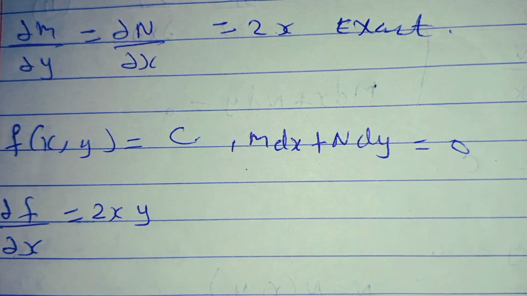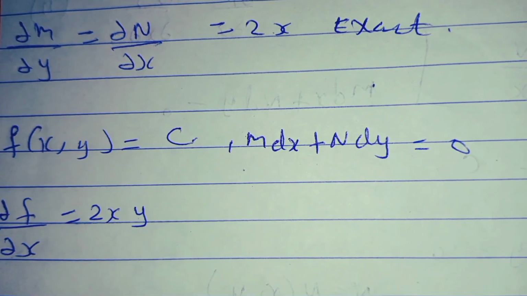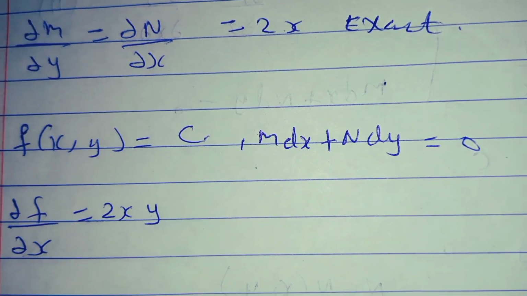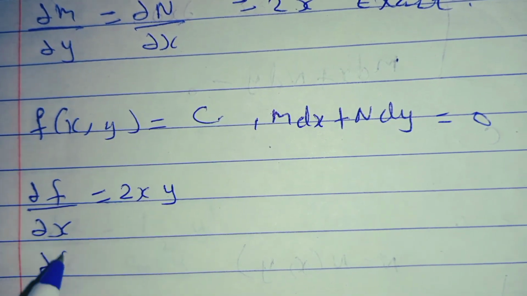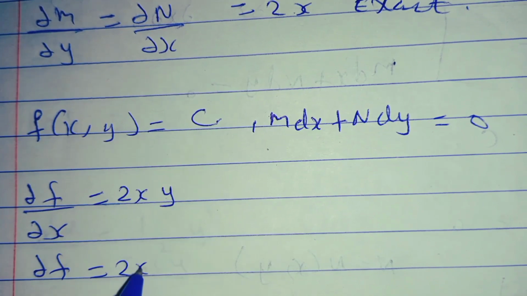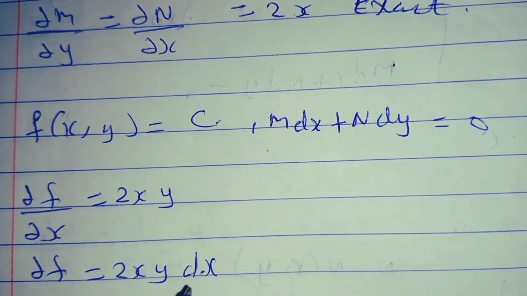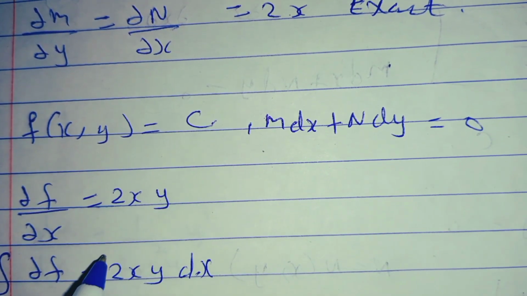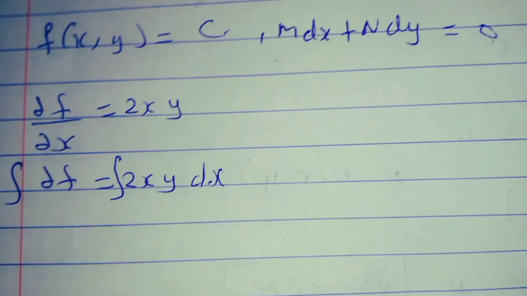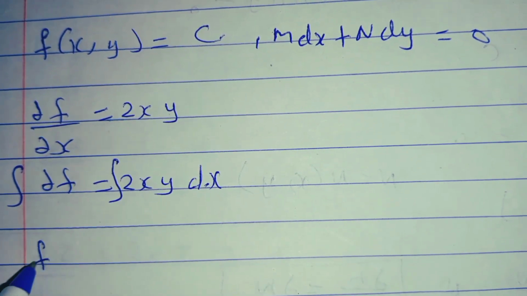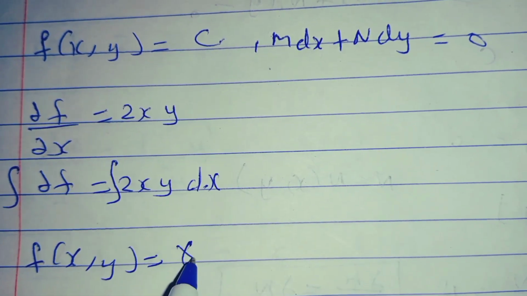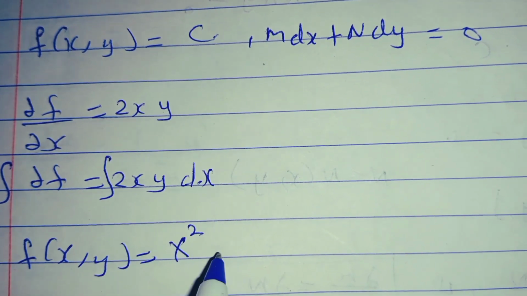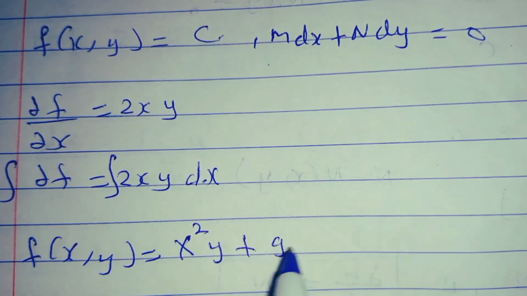Then the next thing you do is integrate this equation. So you have df equal to 2xy dx. You integrate both sides. When you integrate this equation, we get f of xy is equal to x squared y plus a function of y.